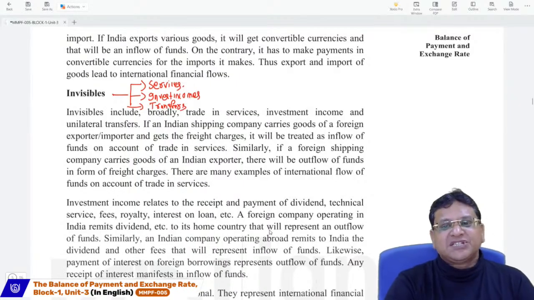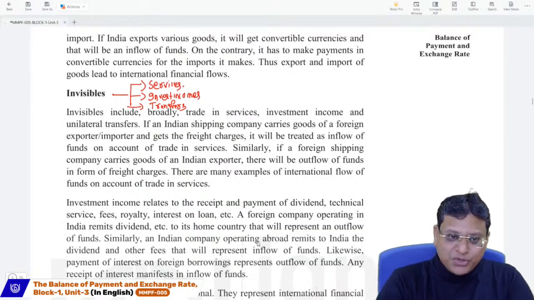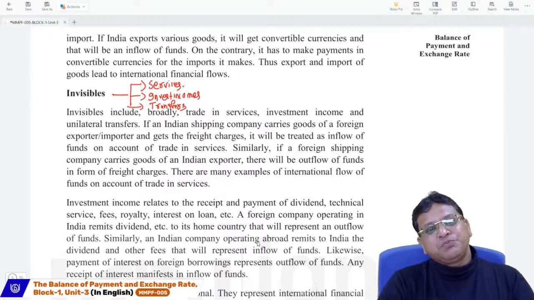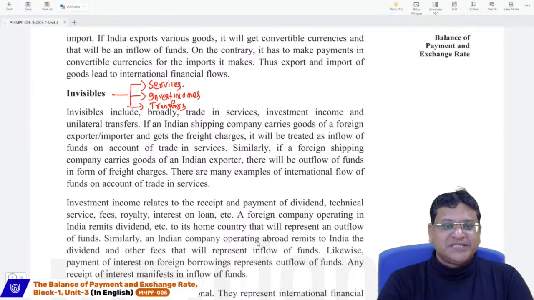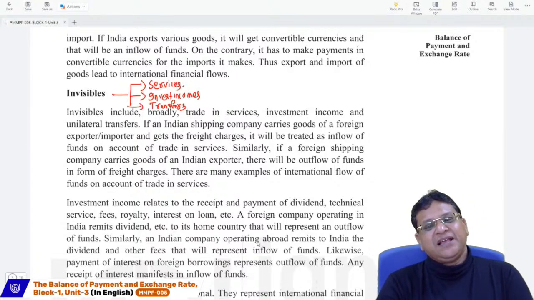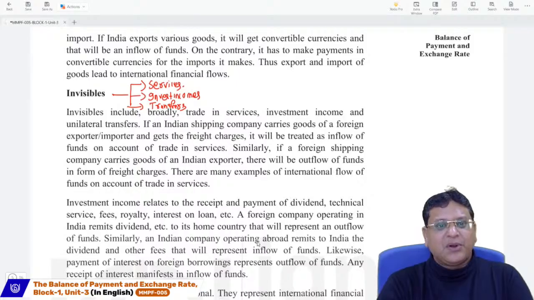So invisibles, first, foreign services. Foreign services means if you import some foreign service or export some foreign service, as a result of which you have to pay foreign currency or receive foreign currency, these transactions are recorded under services. India is the largest exporter of IT services in the world.